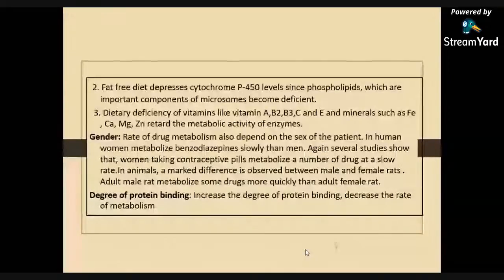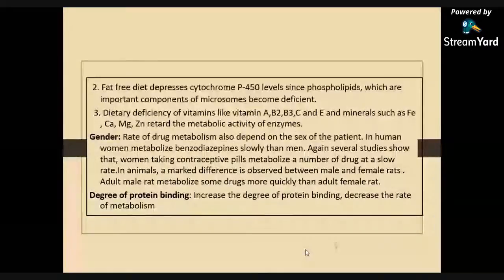Then the next parameter is gender. Gender to gender also, metabolism is affected. The rate of drug metabolism also depends on the sex of the patient. In humans, women metabolize benzodiazepine more slowly than men.